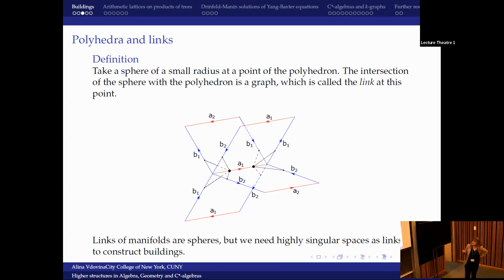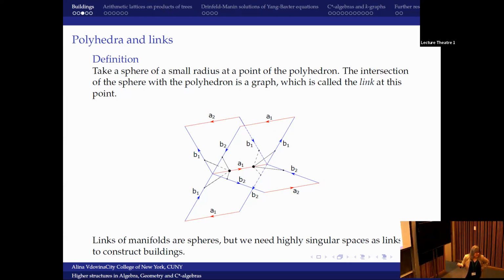The word link is overused in mathematics, similar to lattice. But here the link is your local structure at the vertex. What you do is take a sphere of small radius at a point of the polyhedron, and then the intersection of the sphere with the polyhedron is a graph, which is called the link at this point.